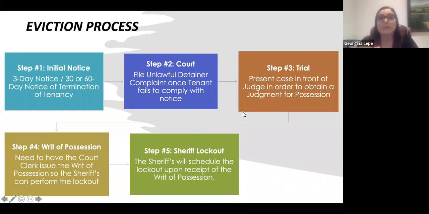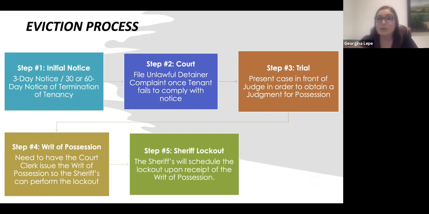At the trial, we go in front of the judge. The property owner presents all their evidence. Your Honor, we have a tenant. They've been in possession of the property ever since, 2 years ago. They became delinquent on their rent payment. We served them with a 3-day notice. They failed to pay rent. Now we're asking for possession of the property.